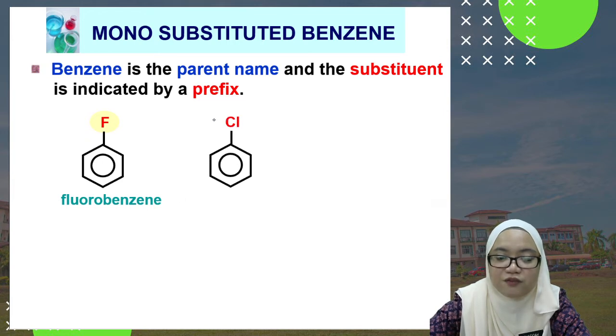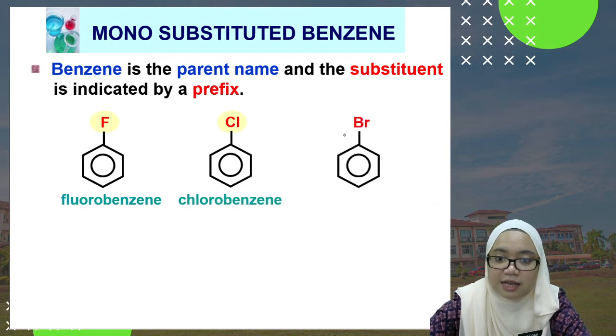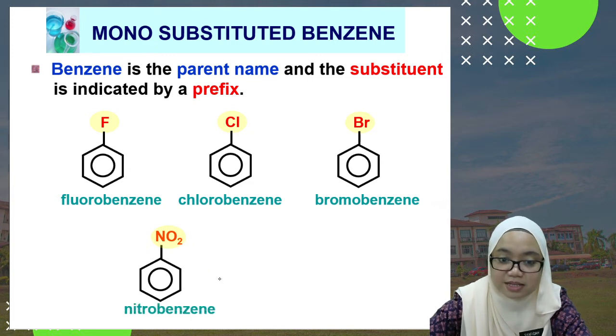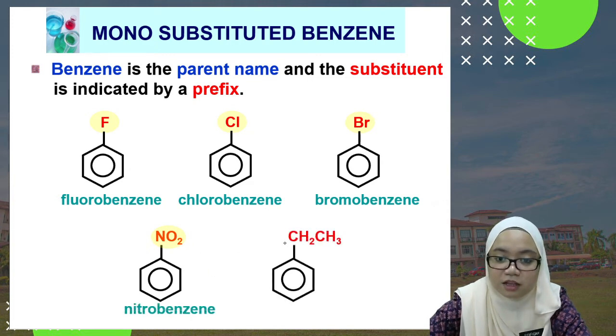Here we have chlorine as its substituent, so the name will be chlorobenzene. Now we have bromine as its substituent, so the name is bromobenzene. Then we have a nitro group as its substituent, and now we have nitrobenzene. And then we have an ethyl group as its substituent, so the name is ethylbenzene.